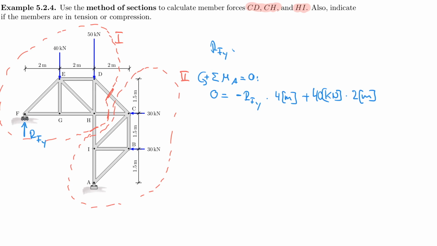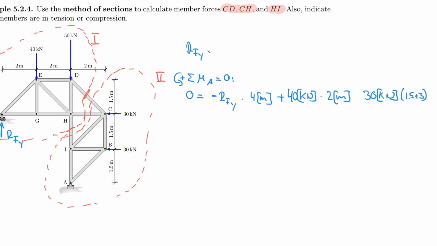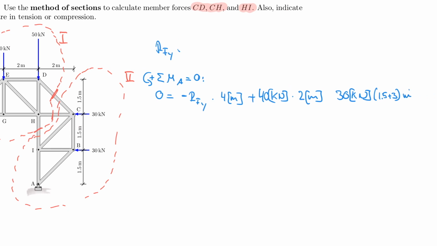The 50 passes through the point of interest, so I completely ignore that, but I can worry about the 30 and the 30 here, so I have to include that. So 30 kilonewton, and that's the same one multiplied by 1.5 and by 3, right? So I have 1.5 plus 3, and that's in meters.